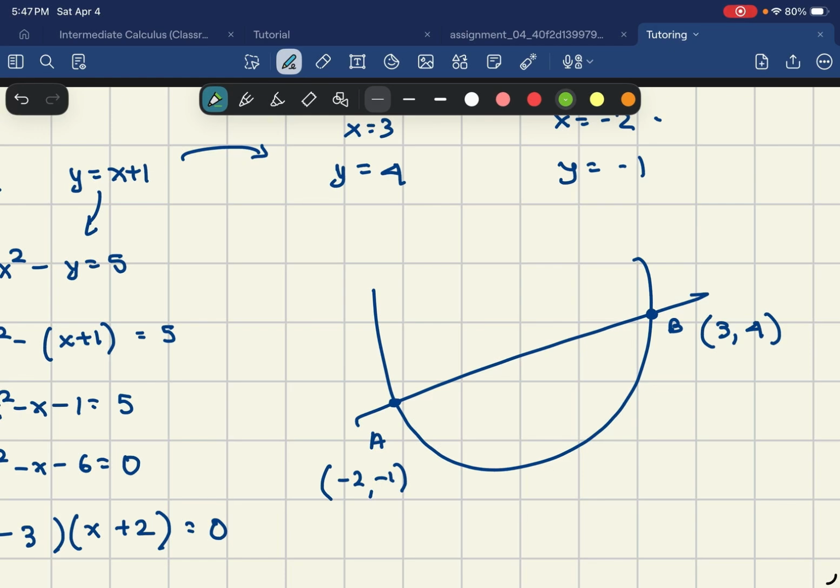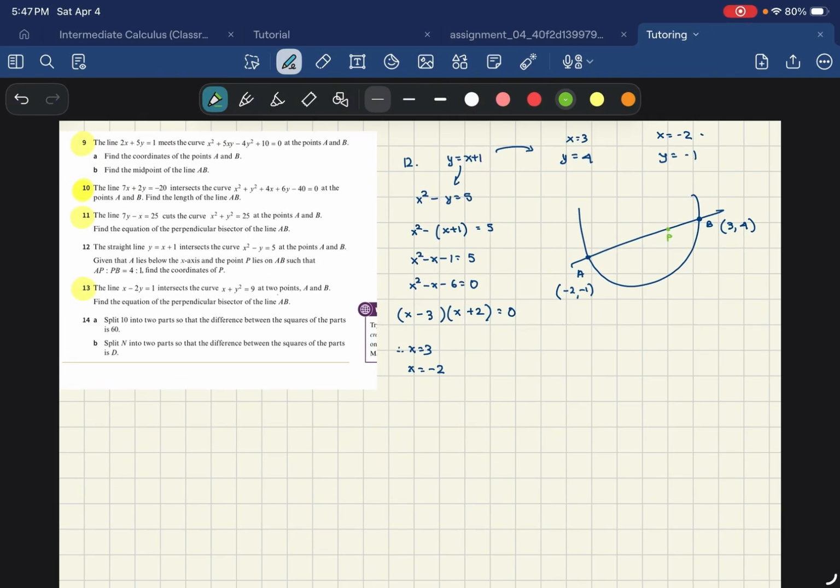So we have this situation, and we have a point P. This says that we have a straight line and a curve, and we have points A and B where they intersect, and a point P lies on AB such that the ratio of AB to PB is 4:1.